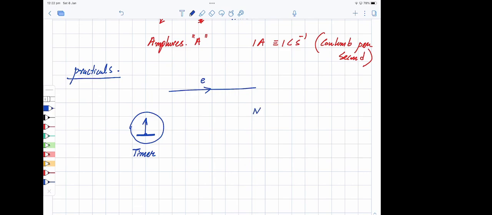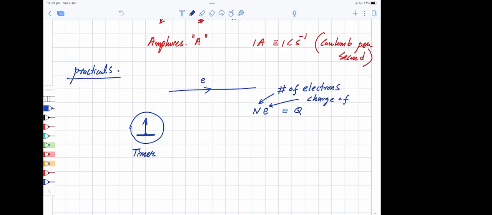So N times E. N means the number of electrons, remember that, and that would give Q here. E means the electron charge, the charge of one electron.